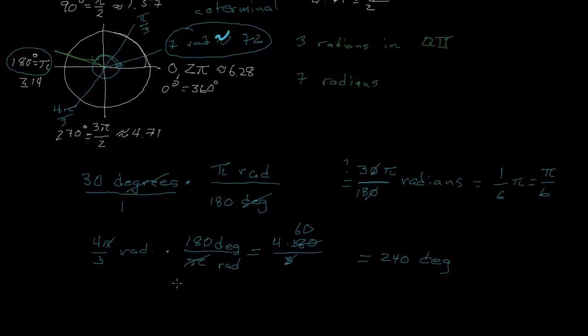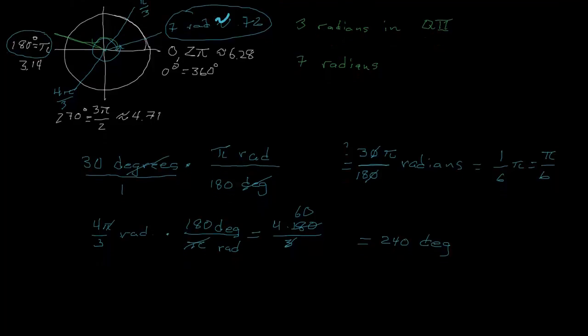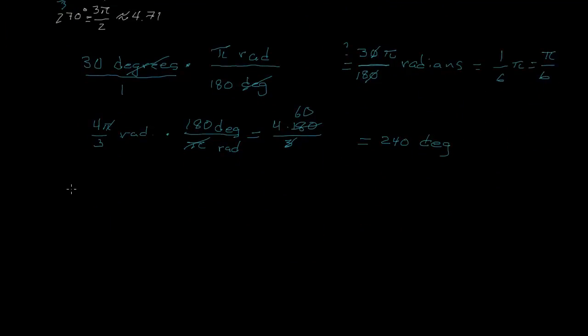And sometimes you'll have just a number like 2.2 radians. That's in the second quadrant.